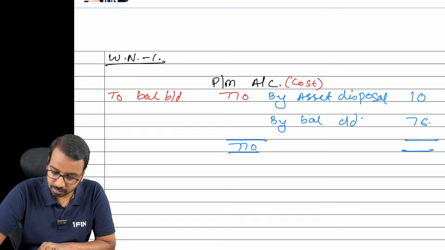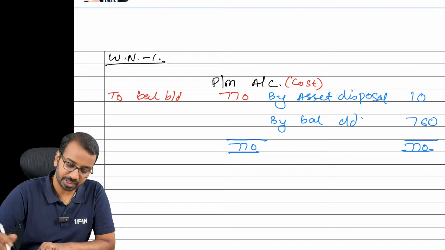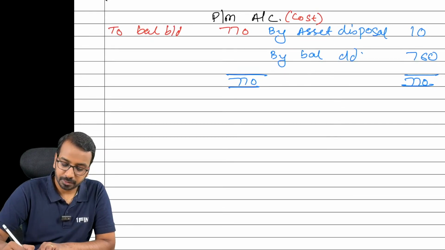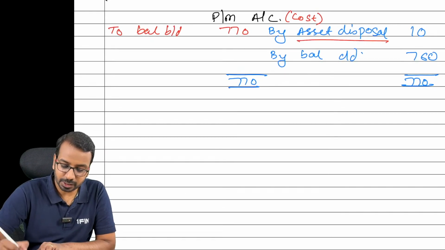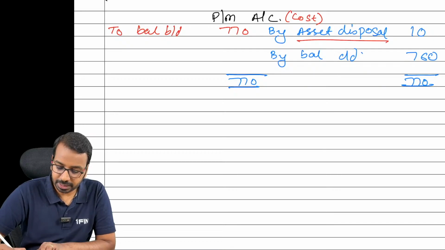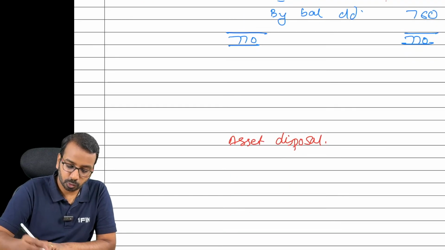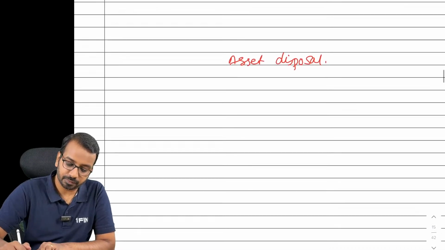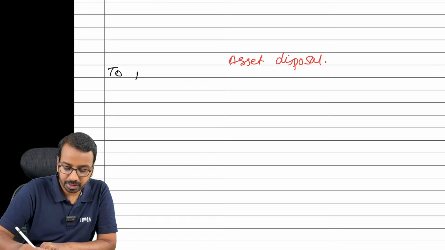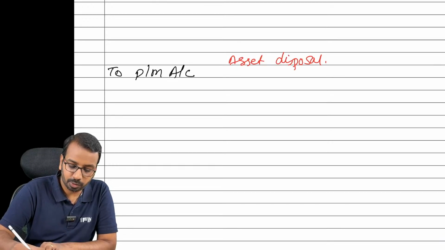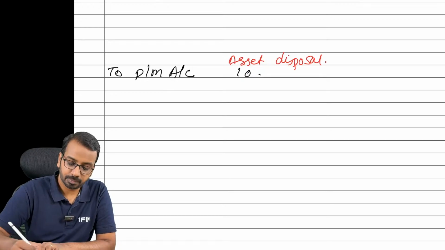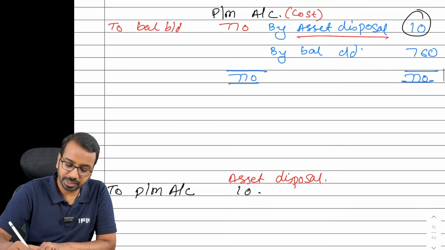It is 760. Then we have asset disposal account. Create the account asset disposal. So whatever you have posted on the credit side of this will come here to plant and machinery account. How much? 10.